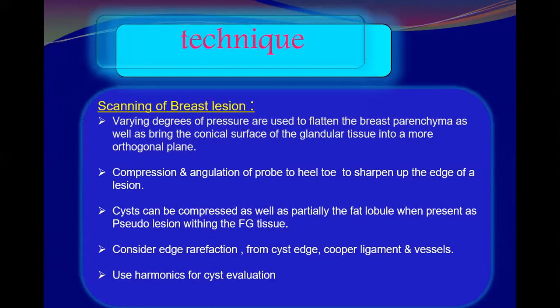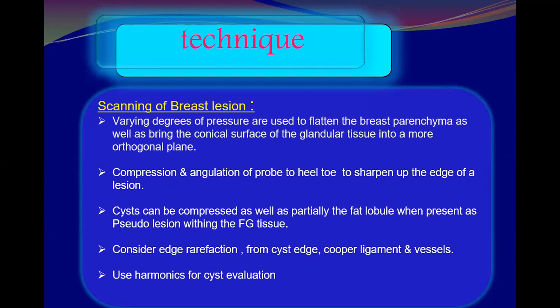So again, scanning the breast lesions, we have to use varying degrees of pressure. We mentioned before, generally for the breast parenchyma while scanning, we have gentle or varying degrees of pressure. And when we find lesions, sometimes we need to give some pressure to flatten and angulate while applying pressure, and sweep through it.